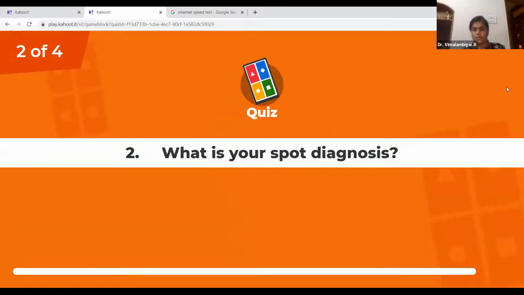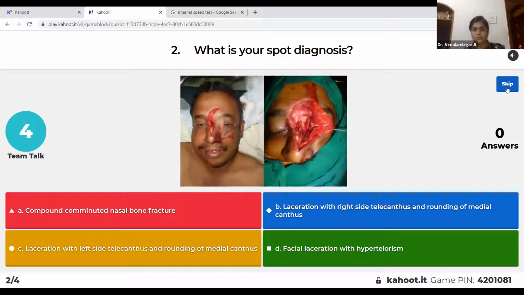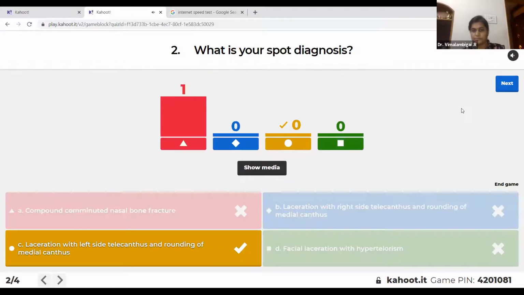Okay. So what is your spot diagnosis? Is it a compound comminuted nasal bone fracture, or is it a laceration with right-sided telecanthus, or laceration with left-sided, or it's just a facial laceration with hypertelorism? Correct answer, it's a laceration with left-sided telecanthus and rounding of the medial canthus.